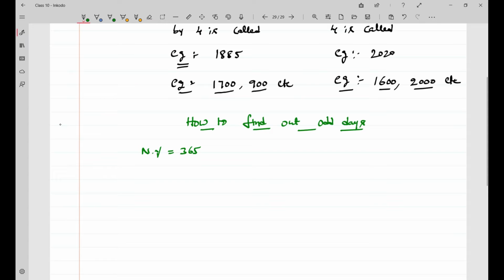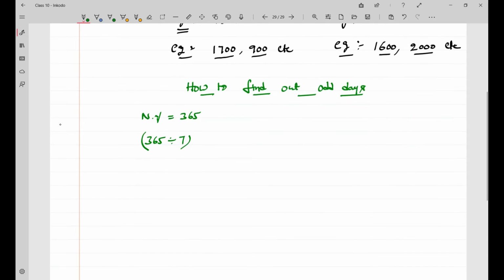So I am going to divide by 7 and find the remainder. 7 5s are 35, 15 is the remainder, 7 2s are 14, we got remainder 1. Therefore, odd days in a normal year is equal to 1.